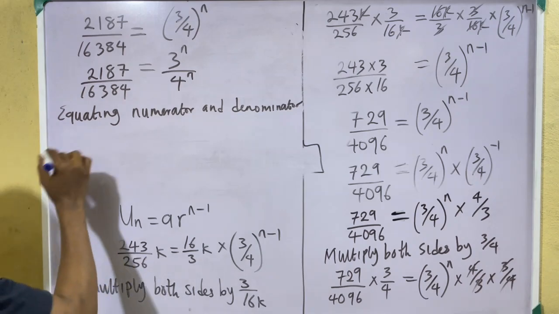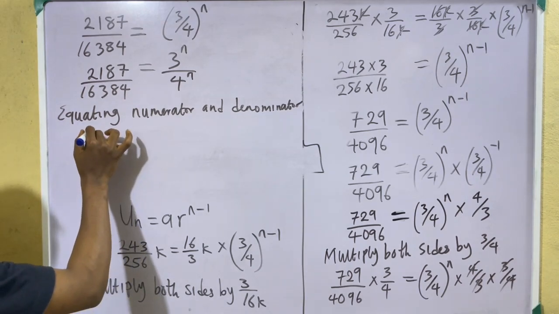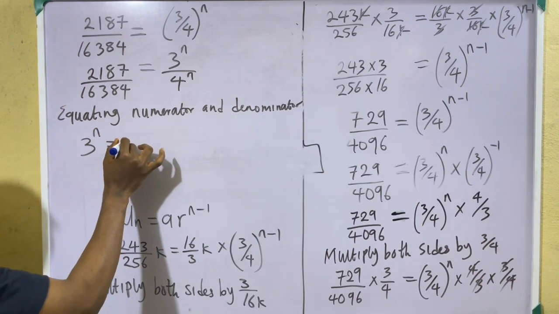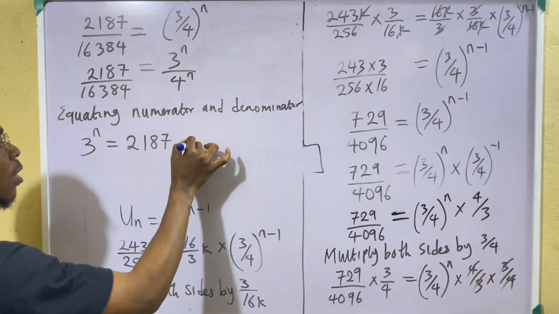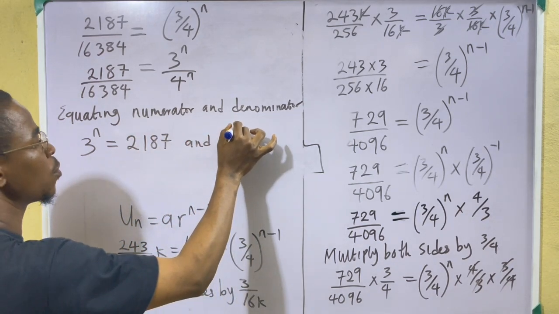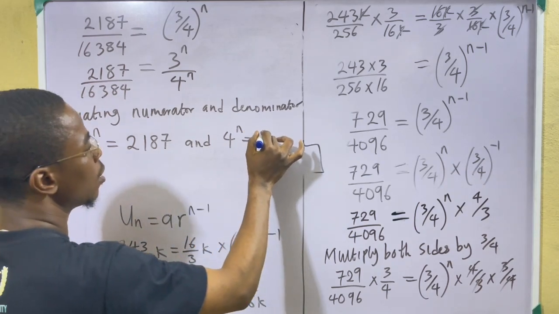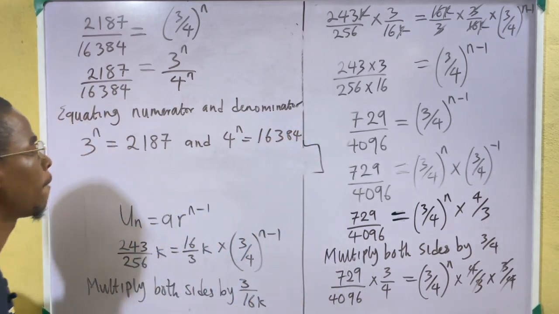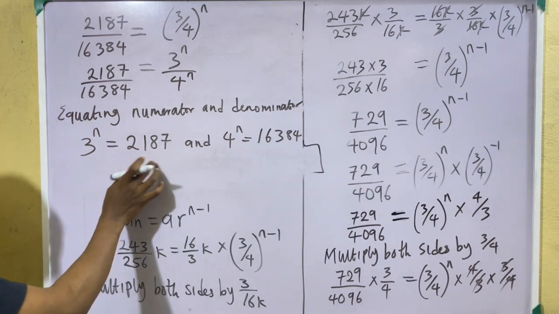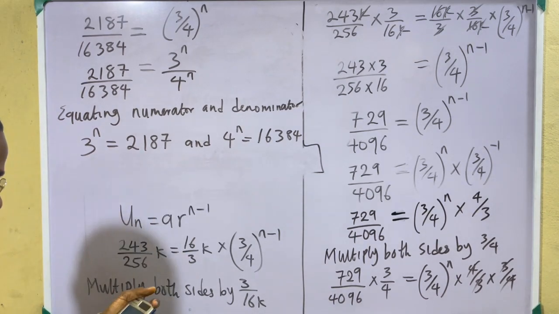What do we mean by that? It simply means 3 raised to power n equal to 2187 and 4 raised to power n equal to 16,384. Now the question is, what value of n will give us this? You can check that on your calculator.